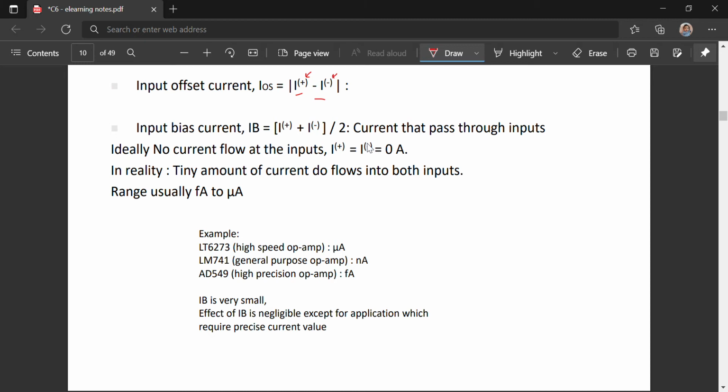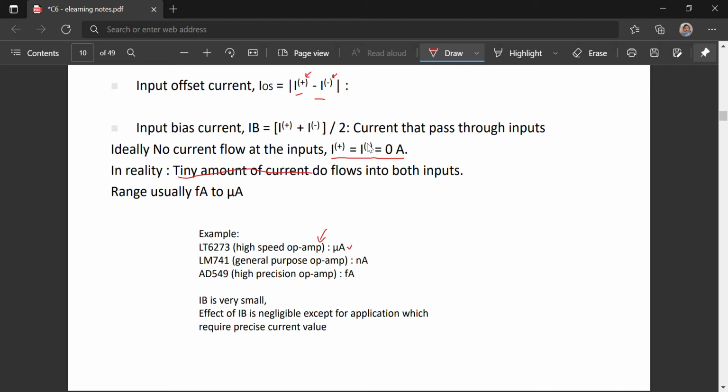Usually there is no current flow at the input. This is the ideal case. However, in reality, there is a tiny amount of current that flows into both inputs. Usually the range is between femtoampere to microampere. For example, if we use a high-speed op-amp, the input bias current is usually in microampere.